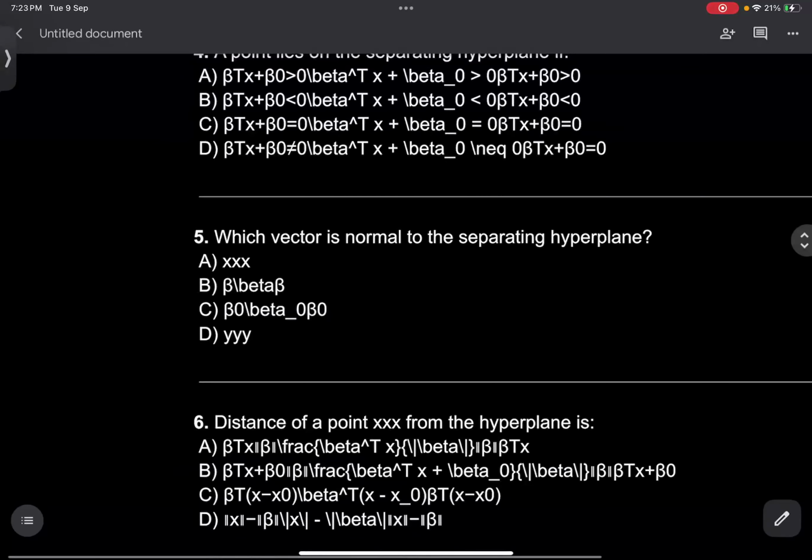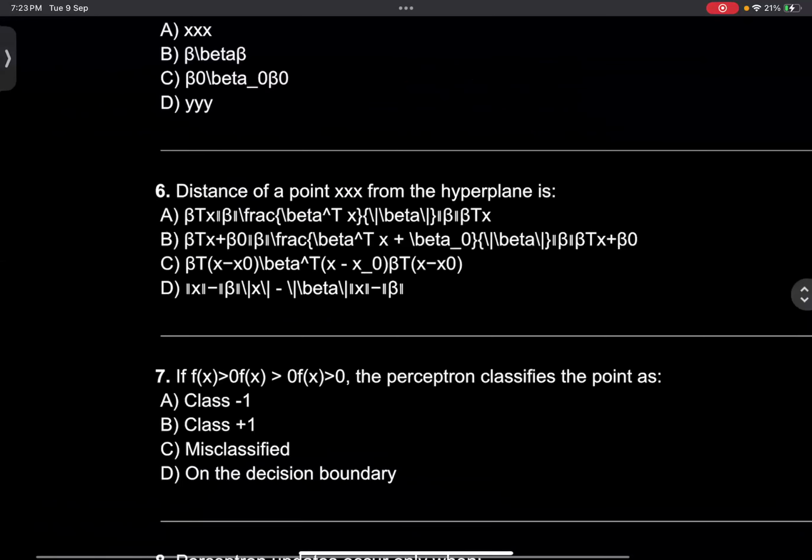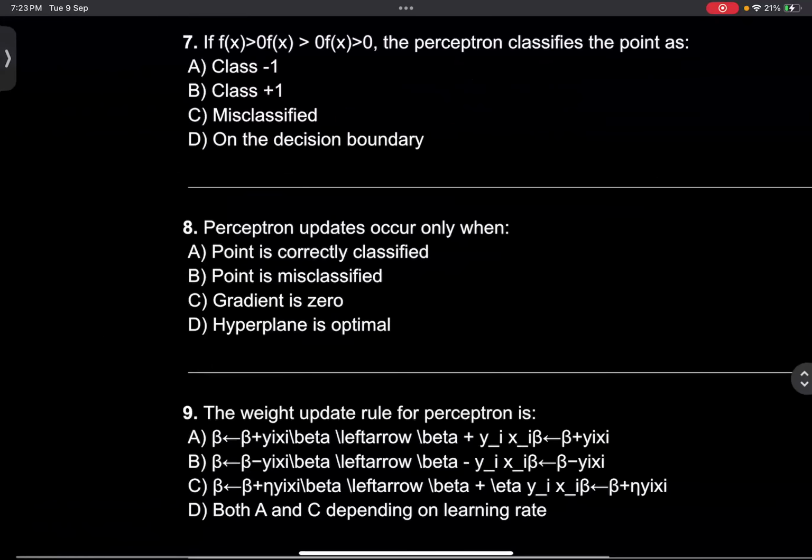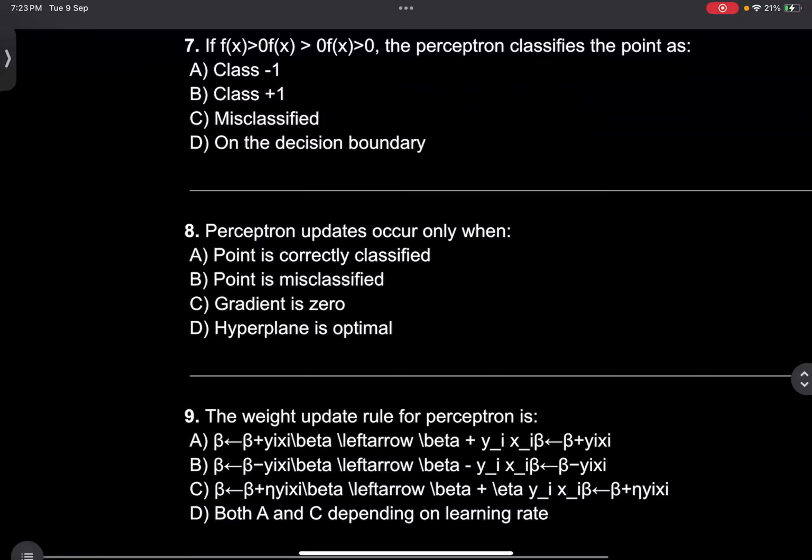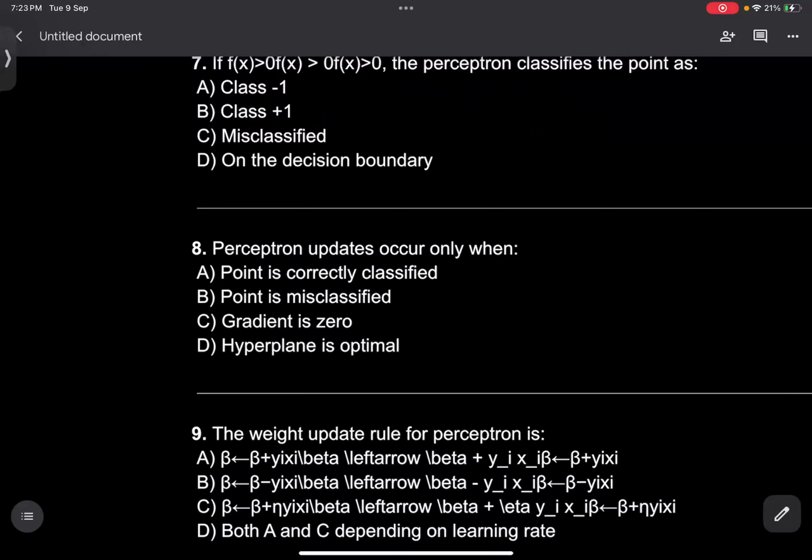Now you got it. Why maths is important? As you were saying to me, from the sixth question. I hope so. Okay. Perceptron update occurs only when the point is correctly classified, the point is misclassified, the gradient is 0, or the hyperplane is optimal. Again, a tricky question. Not that much.